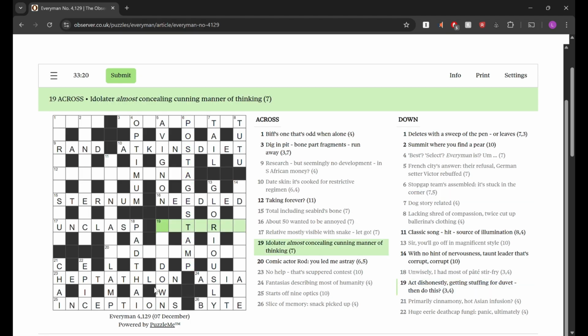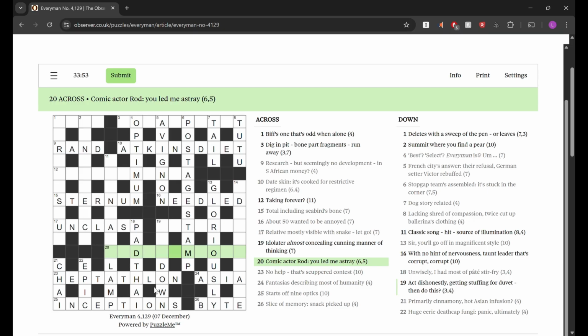Got it in the end. Okay. Yeah, the stamp is stuck in the corner of a letter. Okay. No, not seeing that one either.